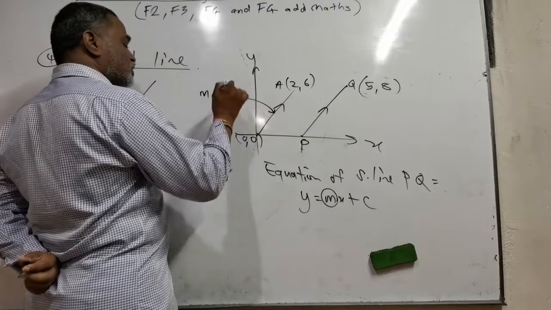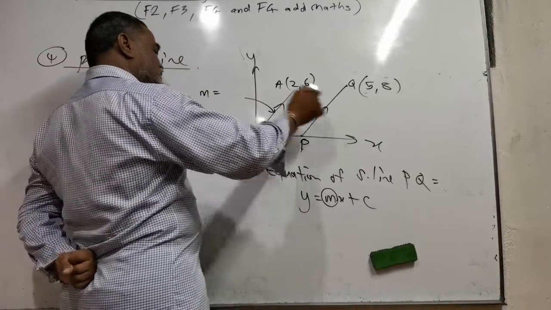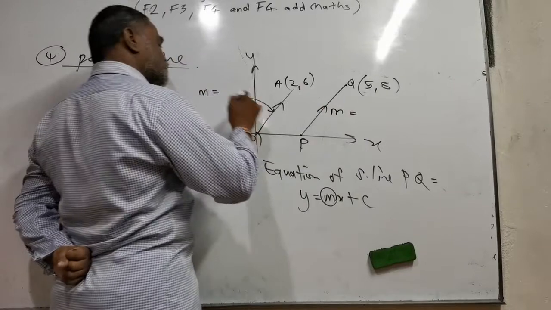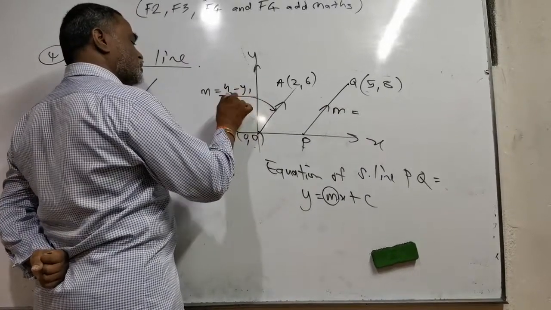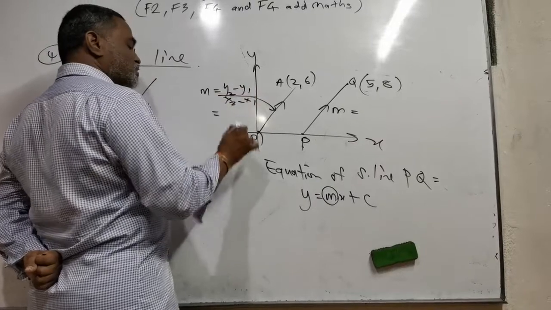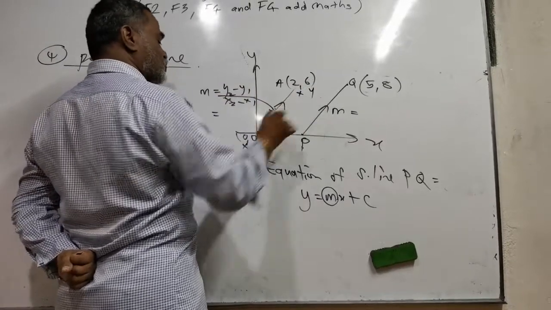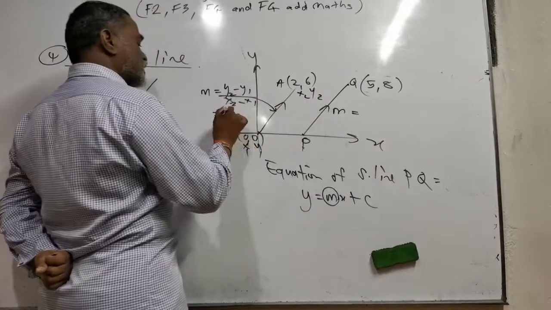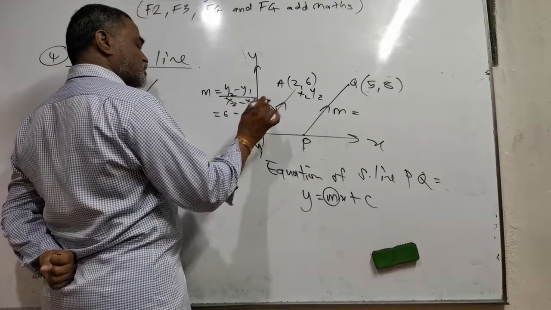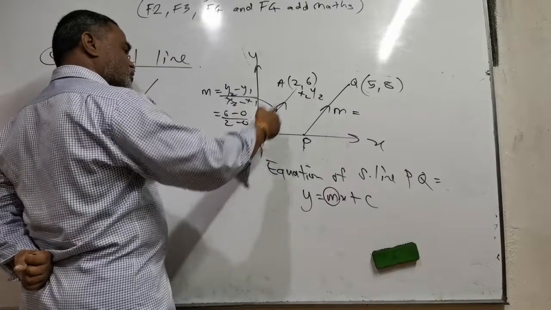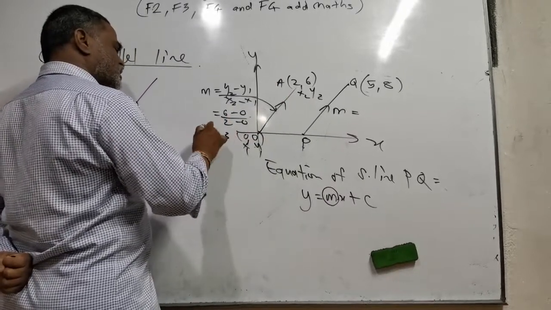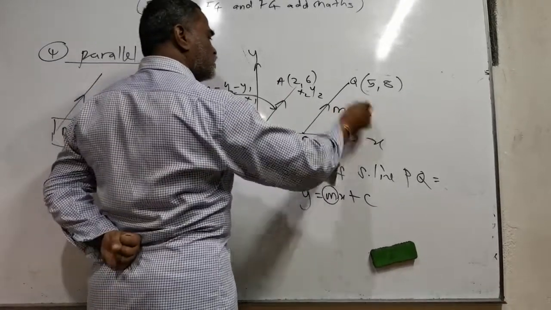This gradient and that gradient are the same because the lines are parallel. So use the formula y2 minus y1 over x2 minus x1: 6 minus 0 over 2 minus 0, and you get 3. The gradient is 3.